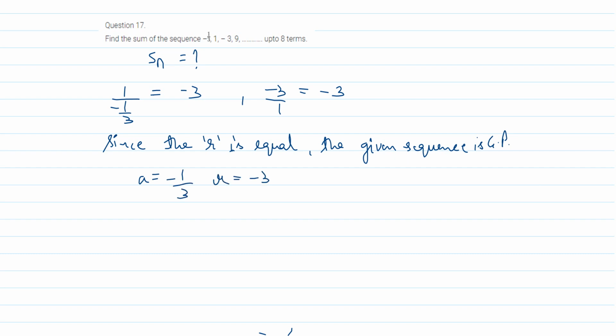I have to find the sum, students. So here I'll be writing R is less than 1. So I'll be writing the formula that Sn is equal to A into 1 minus R raised to n over 1 minus R. Okay. So you have to find up to the 8th term. So you know that S8 is equal to A. What is my A?